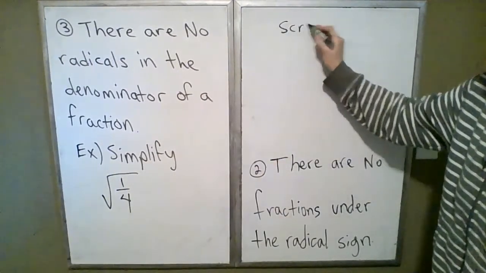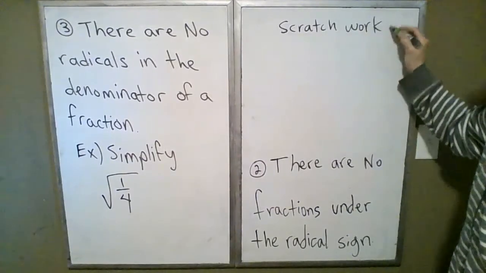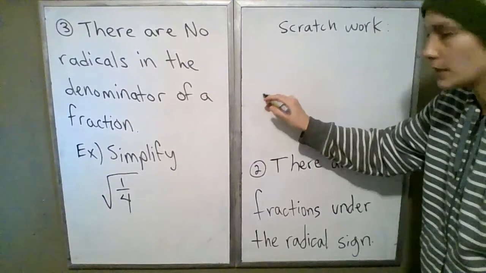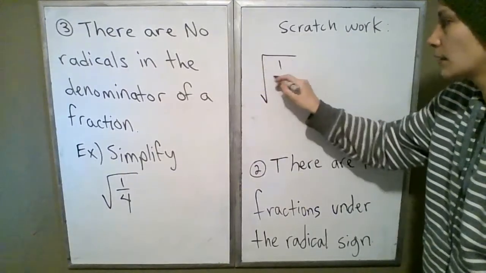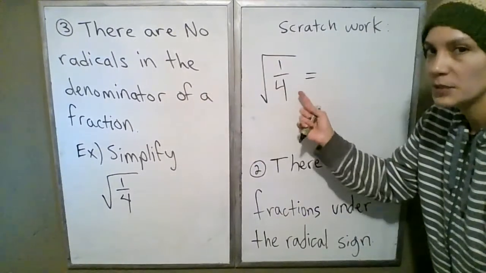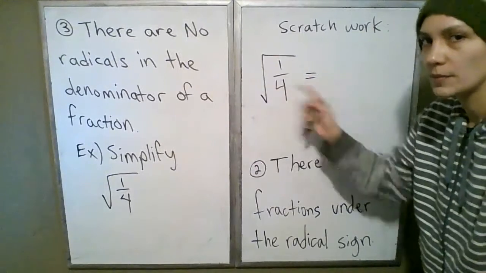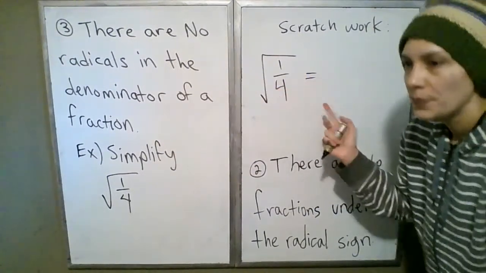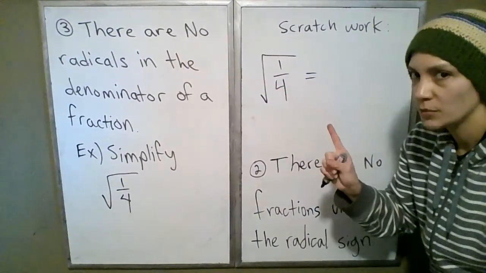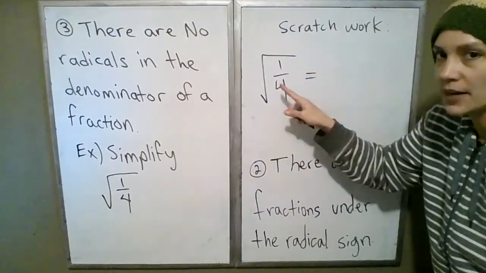Sketch work. Take the root of 1/4. It's not simplified, especially since there's a fraction under the root. So there were two rules for roots. One's for multiplying, one's for dividing. So with division, we can have the root of 1 divided by the root of 4.